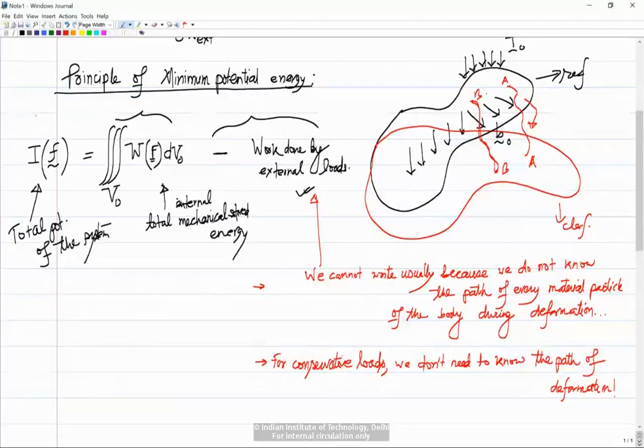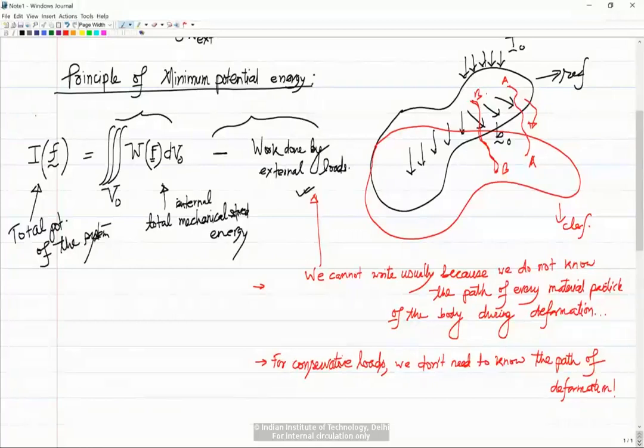Yes, sir. Similarly, if you apply a constant force, for example, then it's also a conservative load. Because for a constant force, the work done is simply F dot final position minus initial position. It does not depend on the actual path taken.